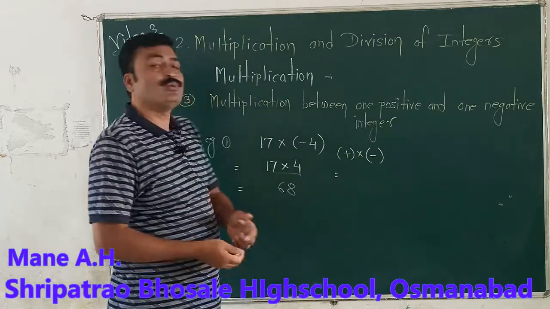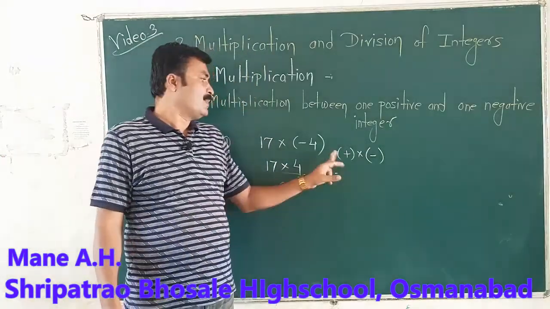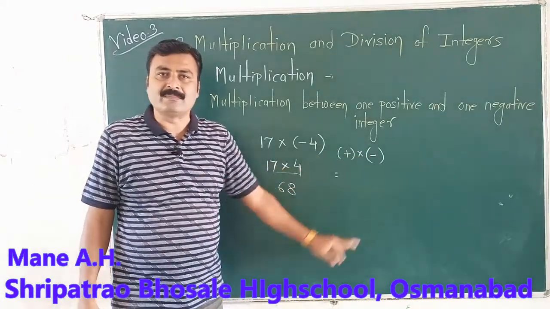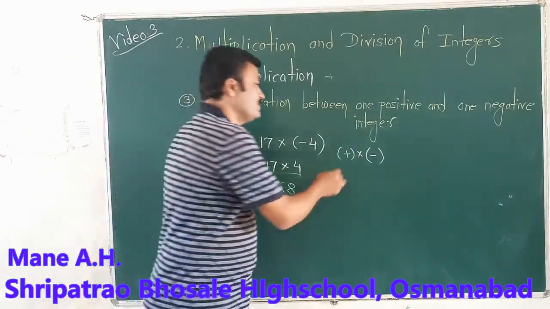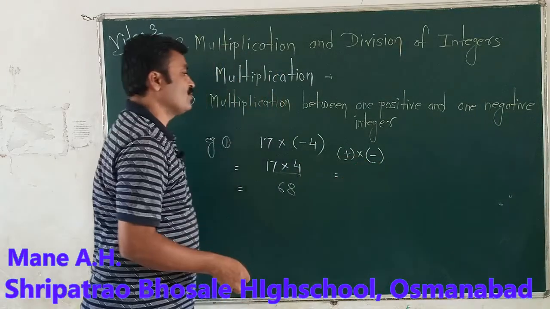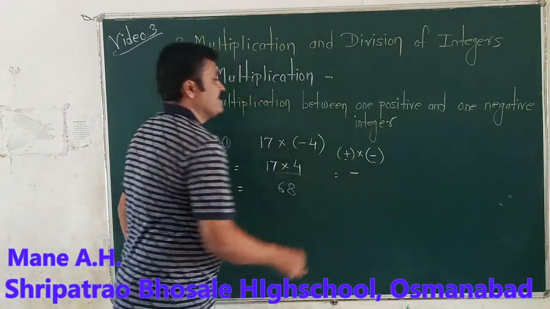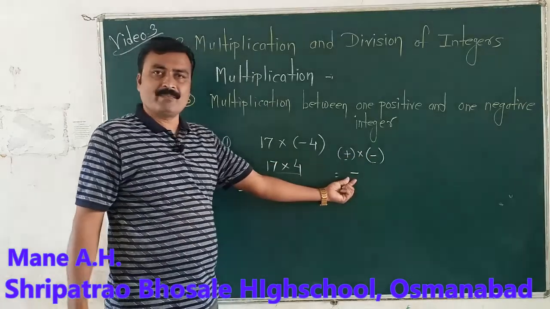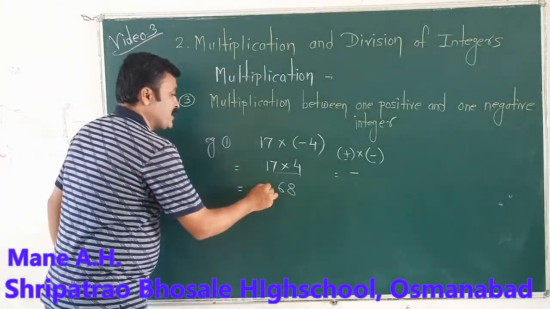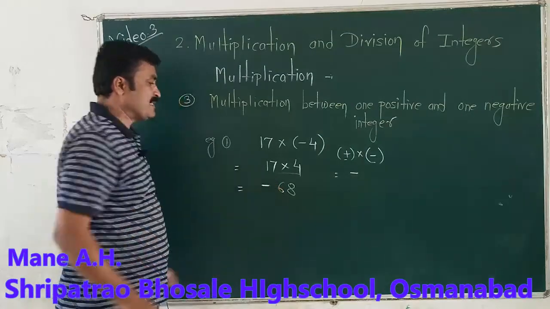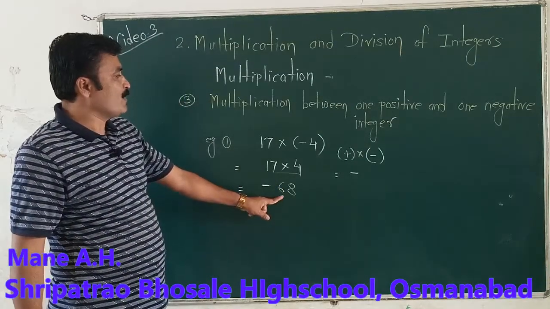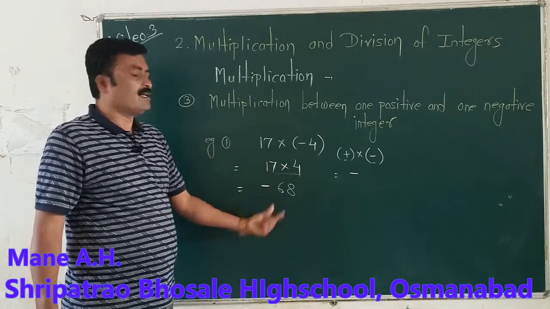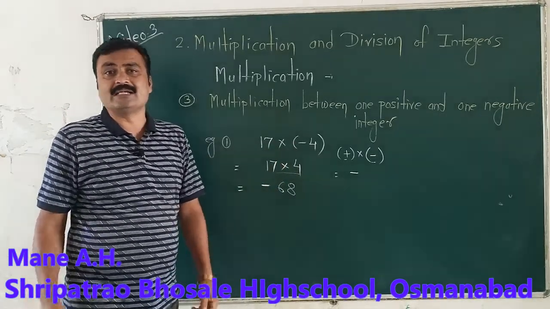When two opposite signs, plus and minus, come into the multiplication, the product of these signs always comes minus. So plus into minus always gets minus. So we attach a minus sign to this 68. That means the product of these two integers comes as a negative integer.